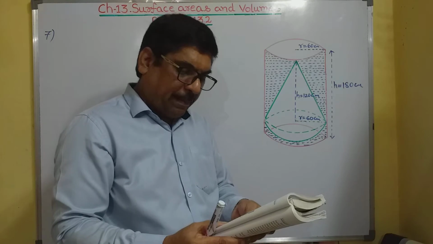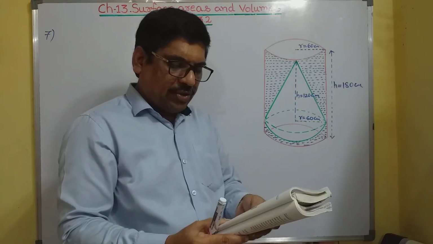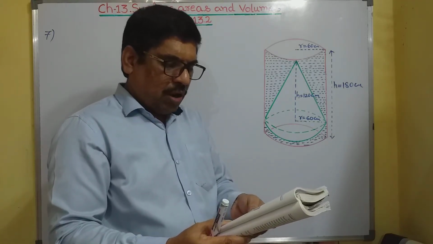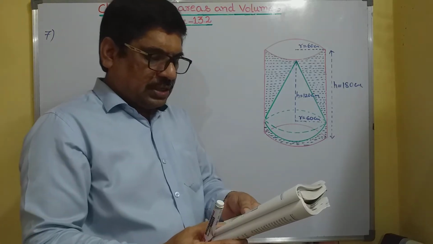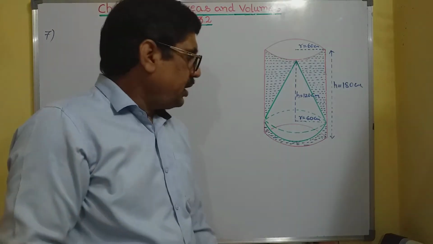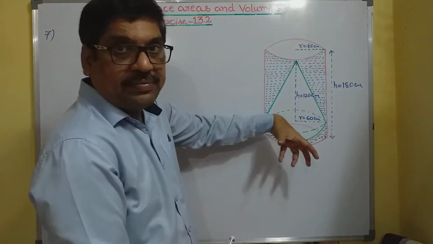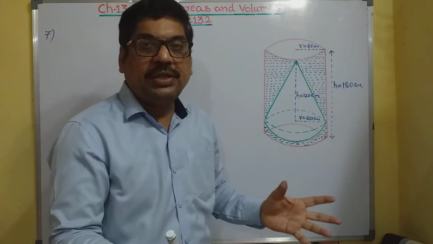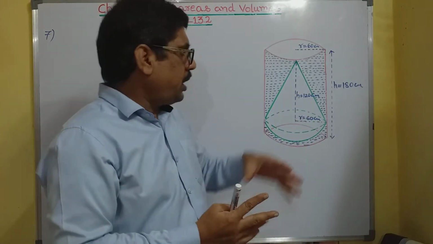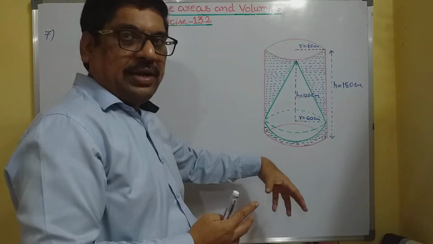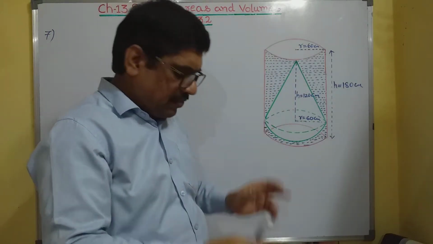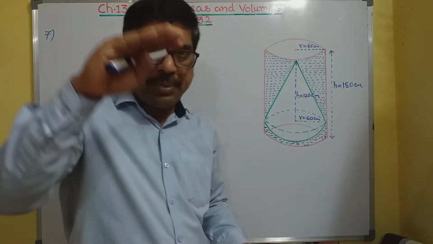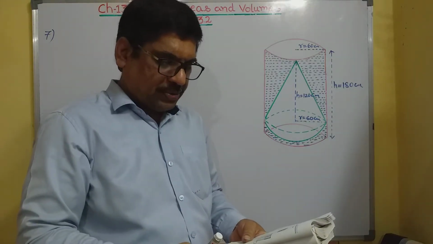It is placed upright in a right circular cylinder full of water such that it touches the bottom. See, it was kept in a cylinder which is filled with water, up to the brim, up to the top.